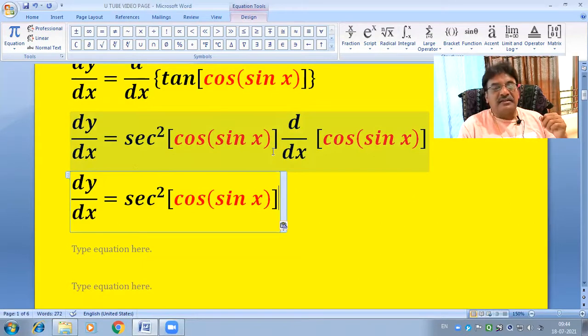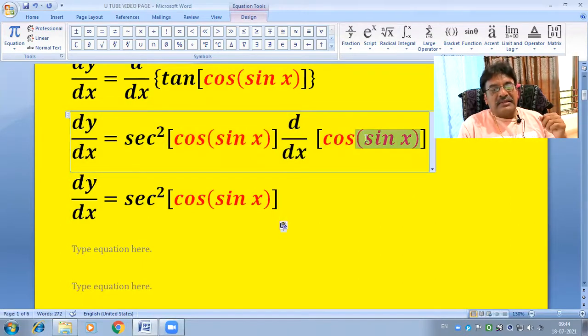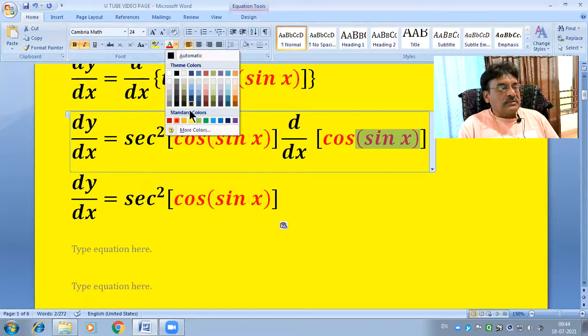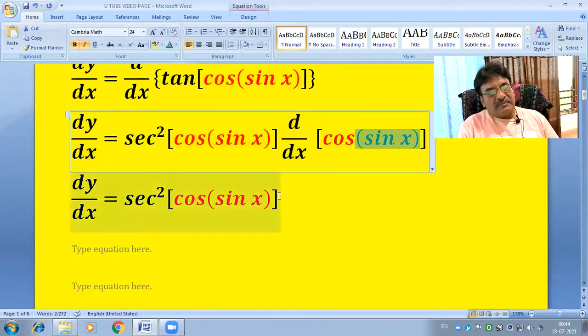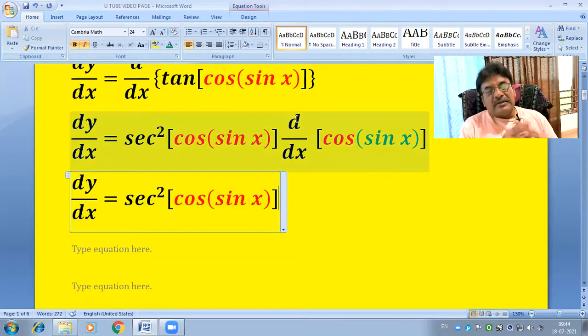To find the derivative of this function, we use the simple derivative formula: d/dx of cos f(x) is minus sin f(x) into f dash of x. Similarly, d/dx of cos of sin x is minus sin of sin x into d/dx of the green color function, that is d/dx of sin x.